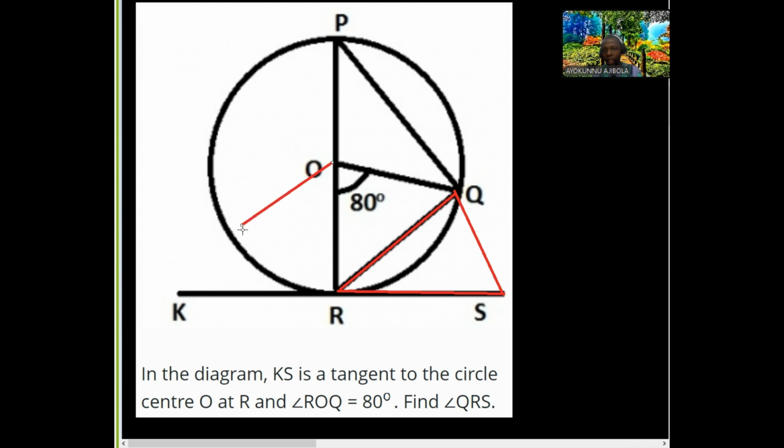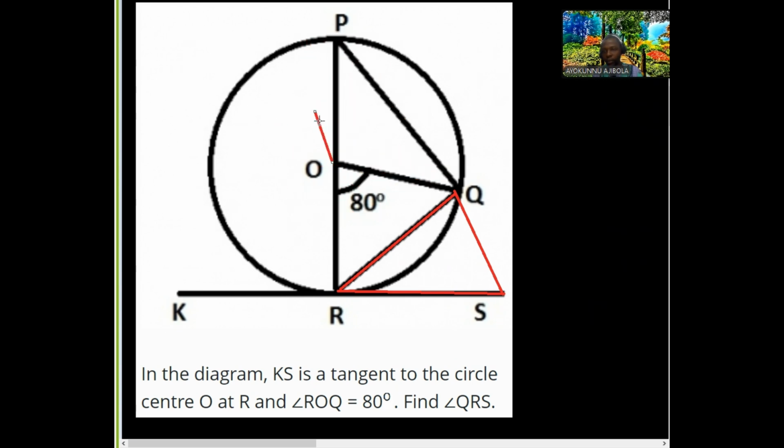So any line that is from the center that is touching the circumference is your radius. So which of the radii is the tangent connected to? Is it OP or OQ or OR? Which of them is the tangent touching?